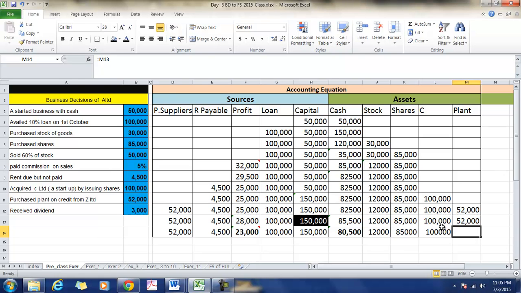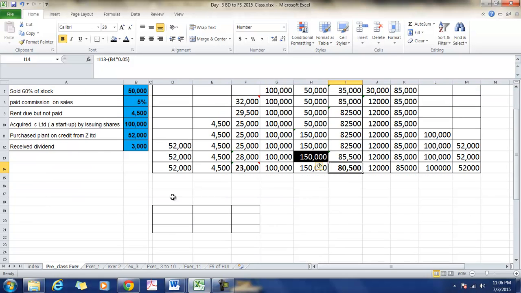So in the process of converting the decisions into the accounting equation, we saw that the profit at the end of the year is 23,000, and the cash is 80,500. If we want to summarize this accounting equation, we can prepare a summary accounting equation.